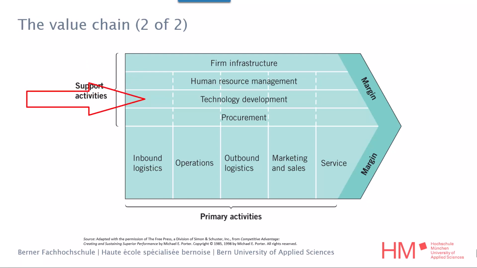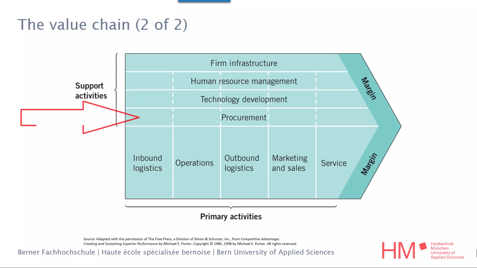As technology increases in importance in today's world, so we need to make sure that we can apply technology to each of these primary activities that are listed across the bottom of the model, because we need to be able to have digital solutions to each of these primary activities to ensure, yes, you guessed it, our competitive advantage.